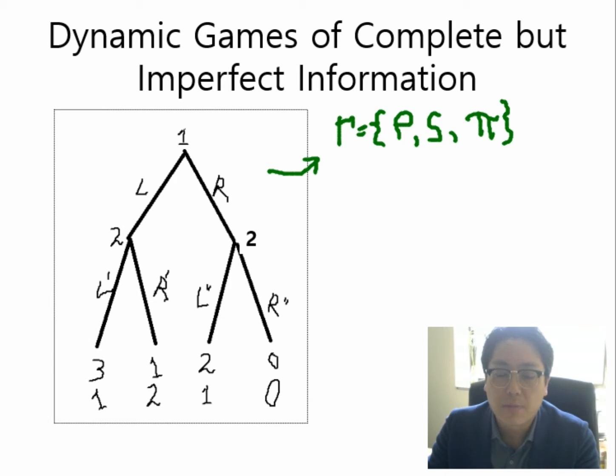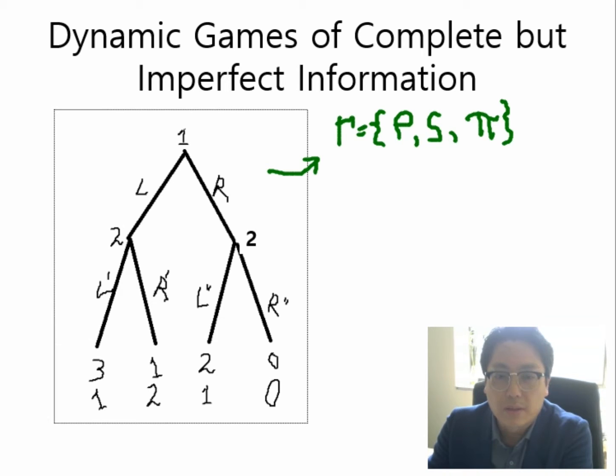Here in this game, the first player will play the game first, then the second player, after observing the first player's action, will choose his or her action depending on the situations. So here is the order. But in a normal form game, we are squeezing orders so that it's like they are playing a game simultaneously. That's the only difference between this normal form game and extensive form game.